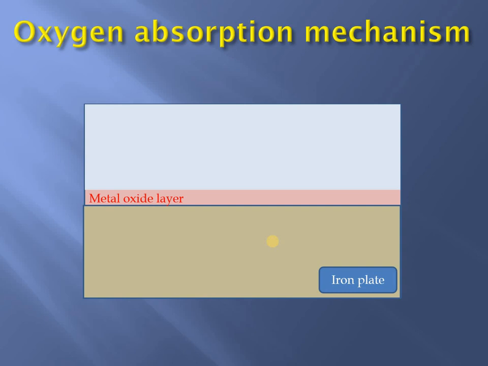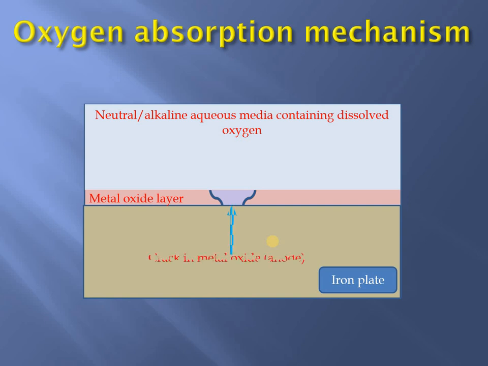Suppose due to certain wear and tear there is a crack in the metal oxide layer, and this metal oxide layer or the metal surface is in contact with the neutral or alkaline aqueous media containing dissolved oxygen. So in this condition, the part of the metal under the crack will act as an anode. So the crack in the metal oxide will act as an anode, while the rest of the metal surface will act as a cathode.